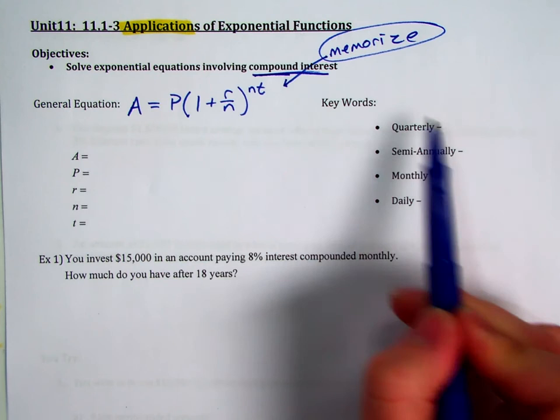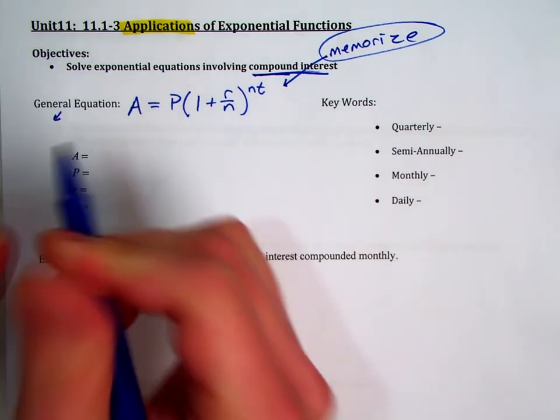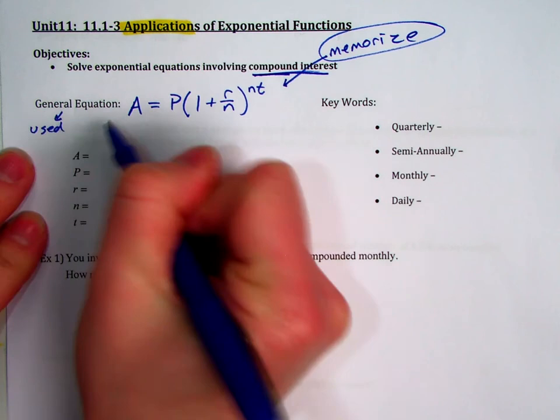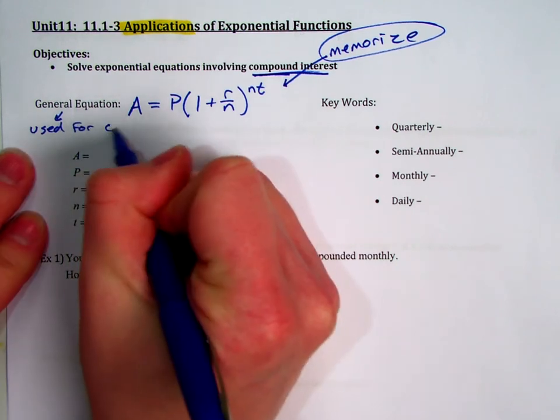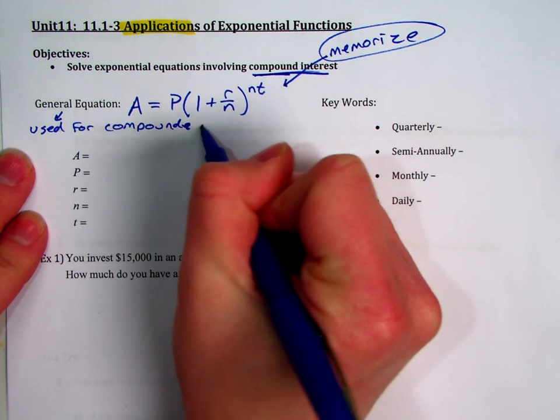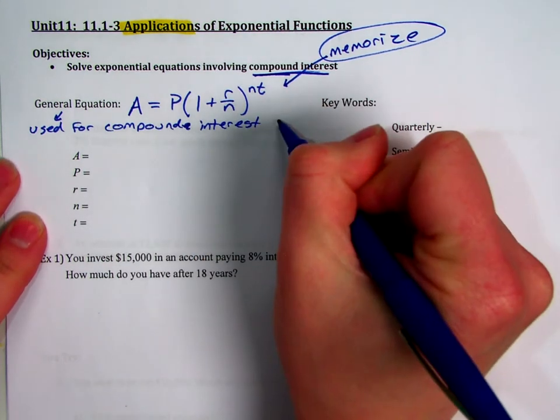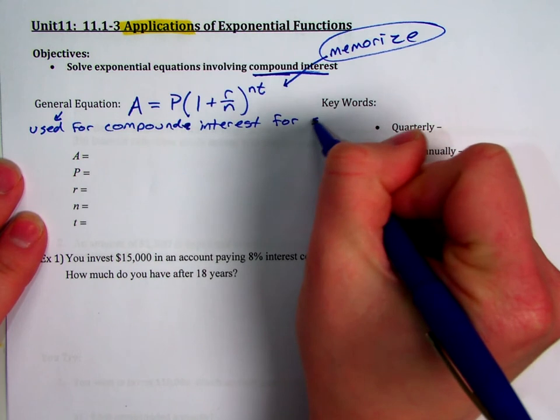Specifically, it's interest that's compounded on set amounts of time. So this general equation is used for compound interest for set times.